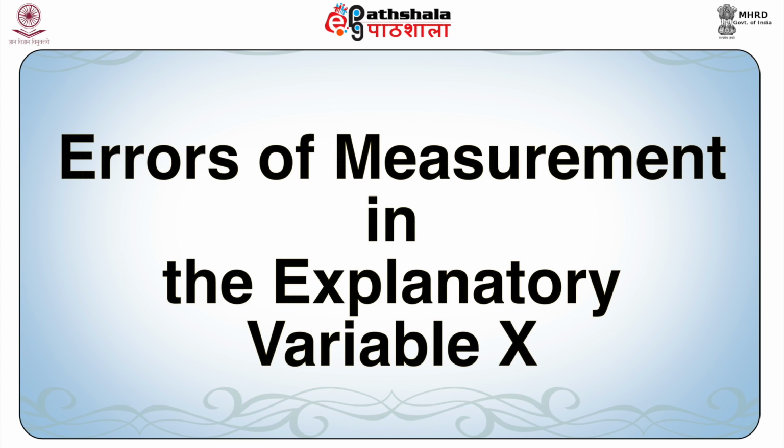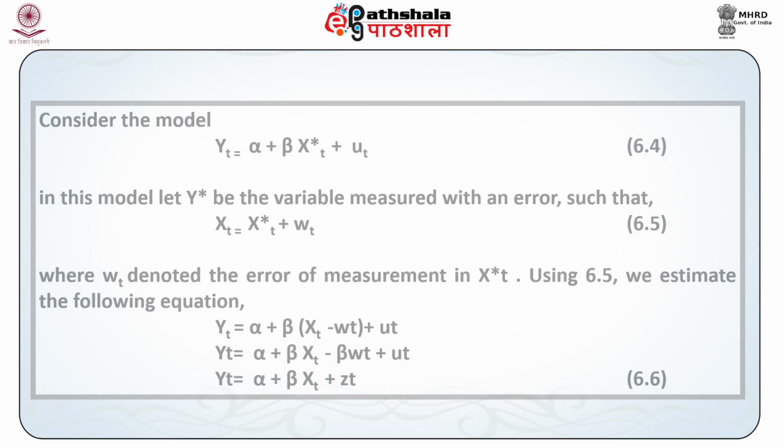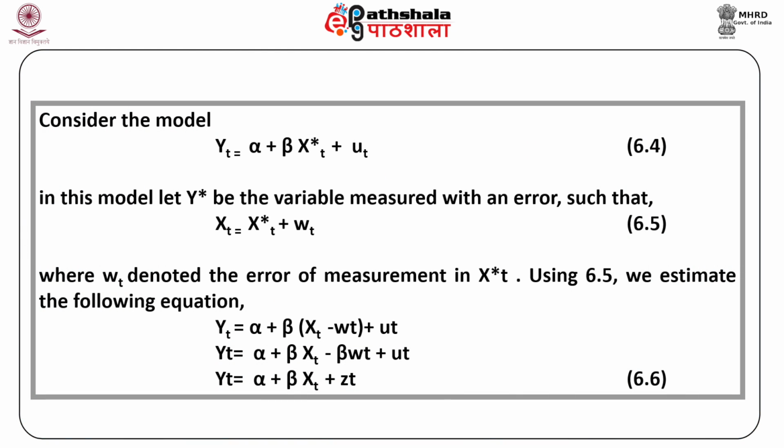Errors of measurement in the explanatory variable. Consider the model yt is equal to alpha plus beta xt star plus mu t. In this model, let x star be the variable measured with an error such that xt is equal to xt star plus wt, where wt denotes the error of measurement in xt star.